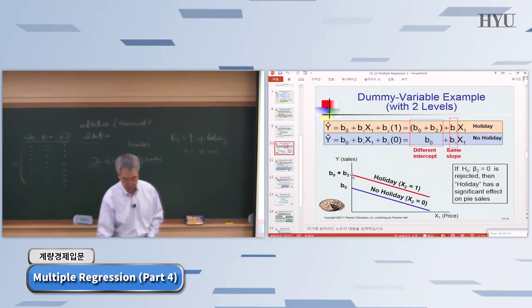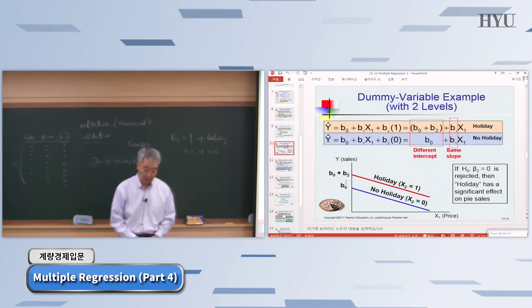So what's the difference between this intercept and this intercept? B2, right? This difference is simply B2. This is B0 and this is B0 plus B2.